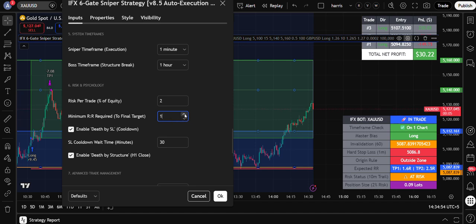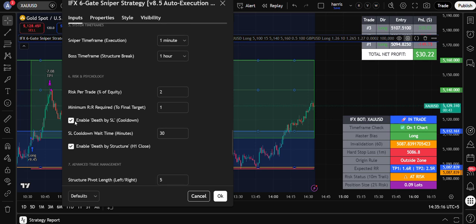So we can decrease this. If I want to make $20, for example, on a trade, and I am risking $10, I just move it to 2. If $5 is acceptable to me, and I'm ready to lose $10 for making $5 profit, I move it to 0.5. But guys, I would never go below 1. That's my rule.